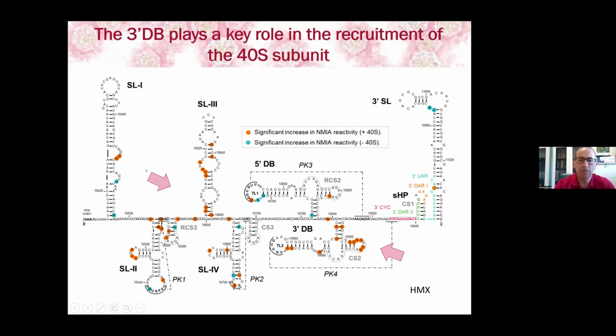In a new experiment, we tried to determine the nucleotides that are important for the binding, because they could be directly involved in this binding, or they could be involved in the formation of the structure that is competent for the recruitment of the ribosome. And once again, most of the nucleotides are in this area, including the SL3, and in this double dumbbell area that I described before.